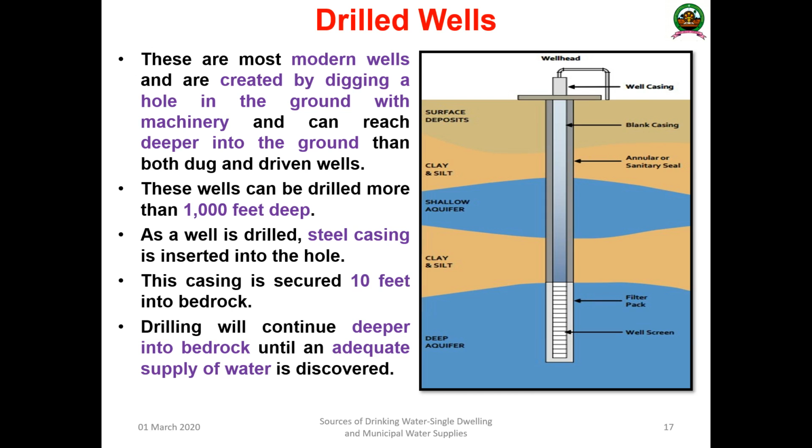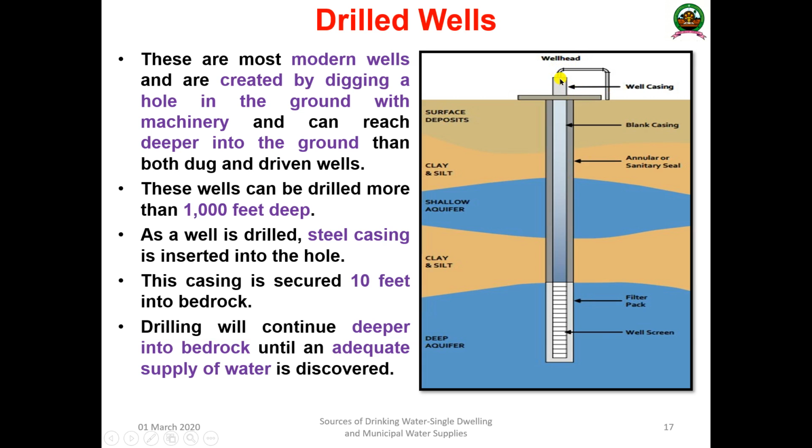Next one is drilled well. These are the most modern wells, created by digging a hole in the ground with a machine, and they can reach deeper into the ground than both the dug and the driven well. Here you can see there is a well head.